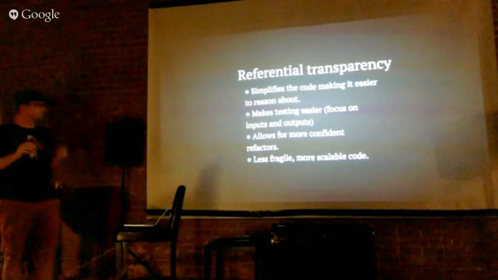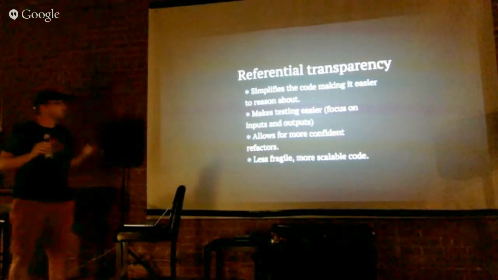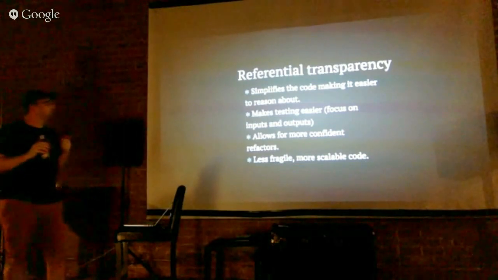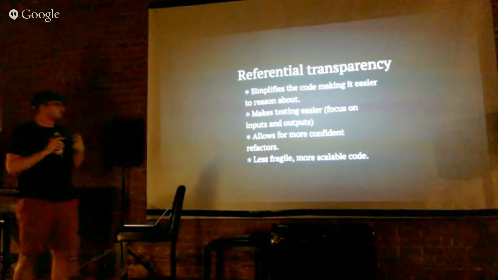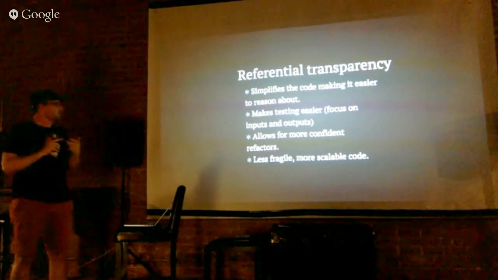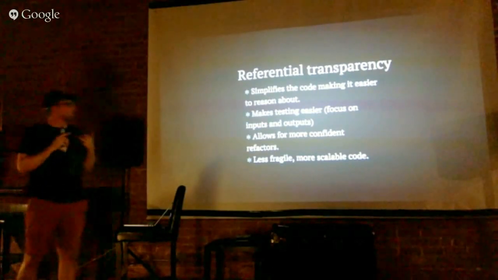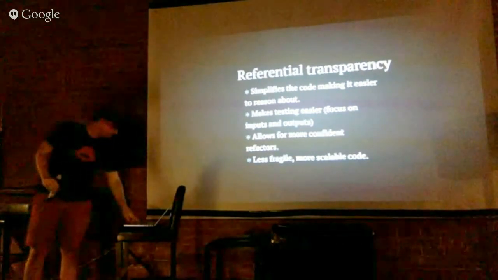Referential transparency: the summary is that it simplifies the code, making it easier to reason about. It makes testing easier. It allows for more confident refactors, and it will make less fragile, more scalable code. The example here is super simple, but you can see how something like this could scale up to other things.